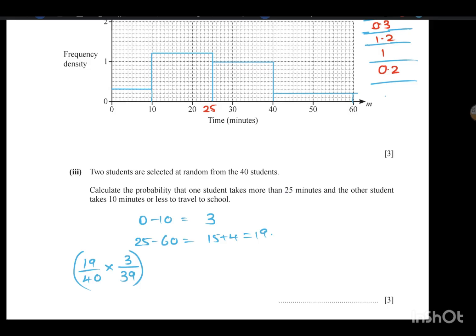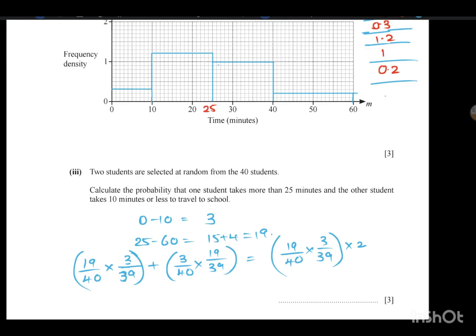But if the first student is one who took less than 10 minutes, it will be 3 by 40, and then next will be 19 by 39. Sorry, these should be added, because it is 'or'. Either fraction multiplication, 3 by 39 into 19 by 40, can be taken and multiplied by 2, because either way it will be the same.